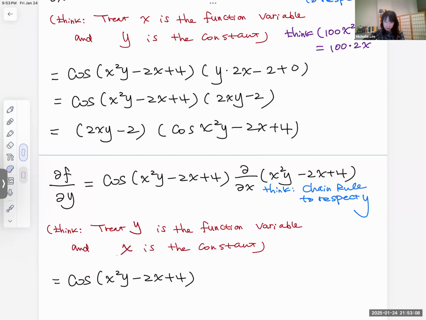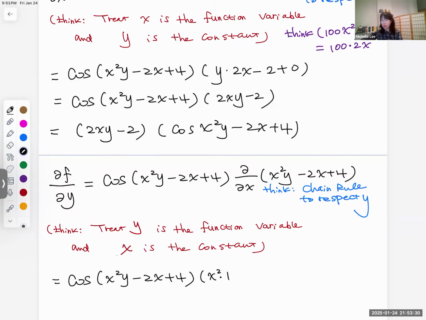What do we have? This time, think differently. X squared is the constant. That means we keep that. And then what's the derivative of y? It's 1, right? So x squared, let me write that down for you.